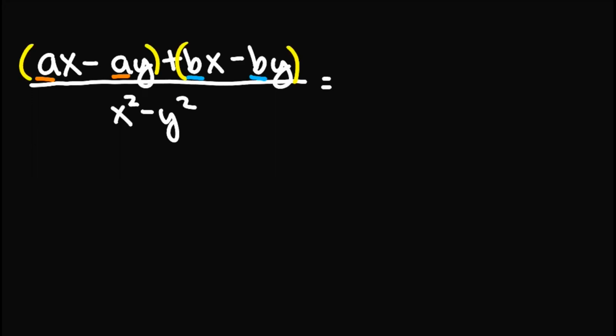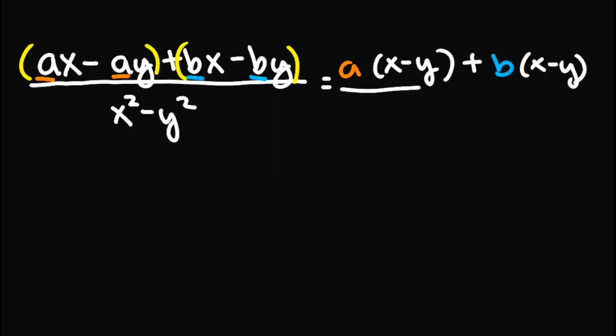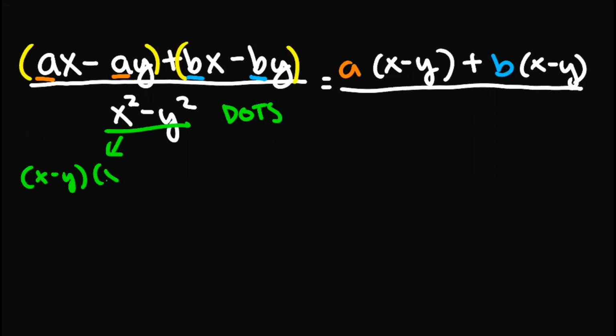So the numerator will be a times x minus y plus b times x minus y over, for the denominator, observe that this one is a difference of two squares. So we can write this one as x minus y times x plus y. So we'll do that. We write this as x minus y times x plus y.